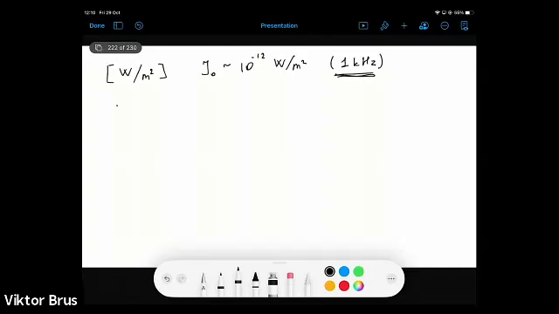And sound level is measured in decibels. It's some dimensionless, I mean, artificially created unit, just because we need to define it.